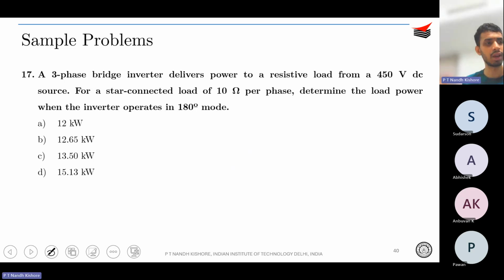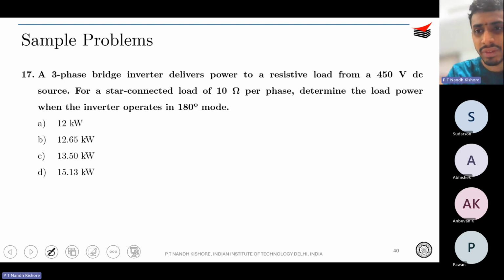So the final question in this problem set: a three-phase bridge inverter delivers power to a resistive load from a 450 volt DC source. Okay, so DC source is given and a star connected load of 10 ohms per phase. R is 10. Determine the load power when the inverter operates in 180-degree mode. It's a common question, right? I think you may be master of this by now.